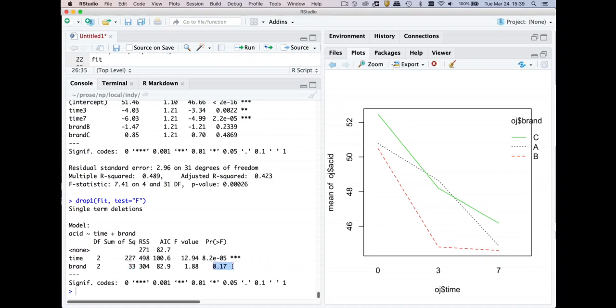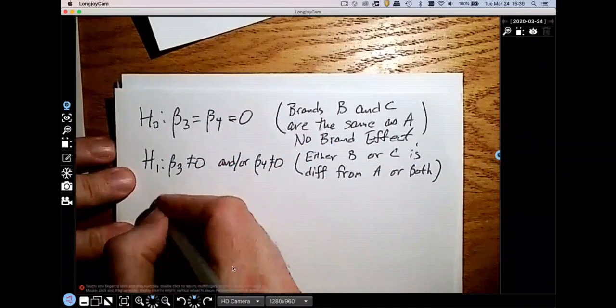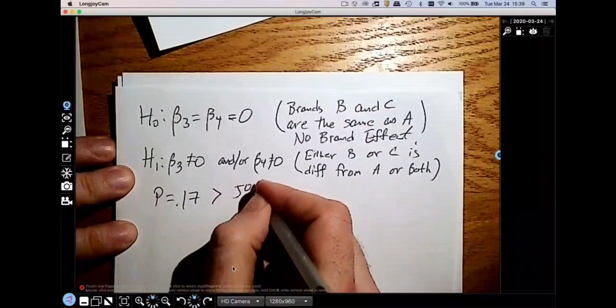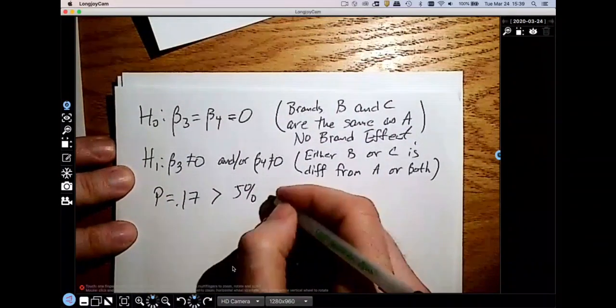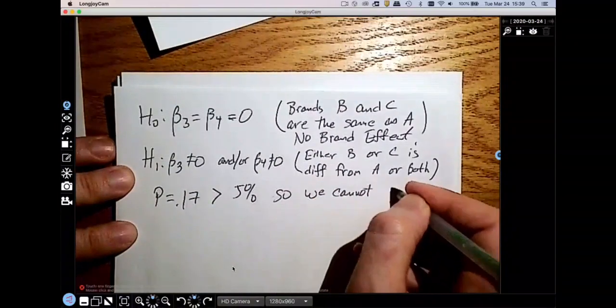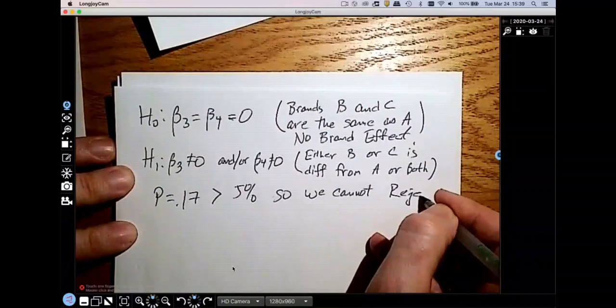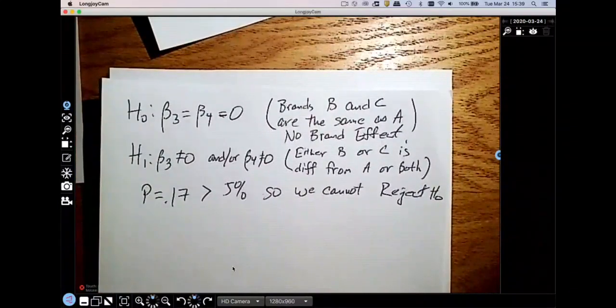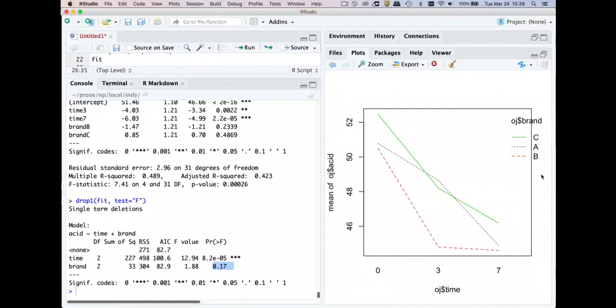The p-value is not significant, so I would say p is 0.17, which is greater than 5%, so we cannot reject h naught. So we don't really need the brand effect in this model. Just for completeness, let's go look at the other one.